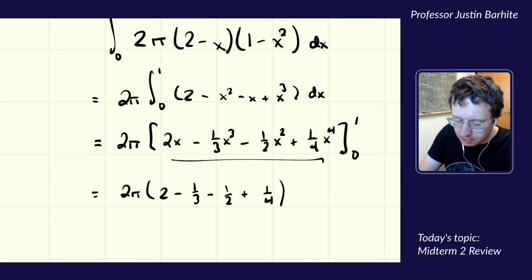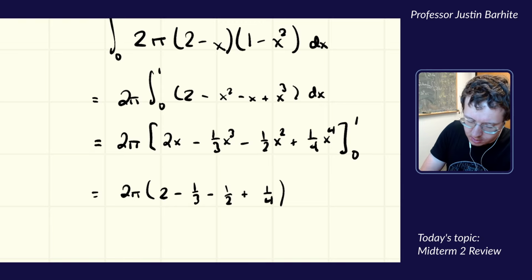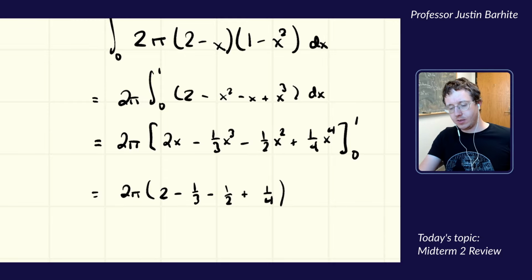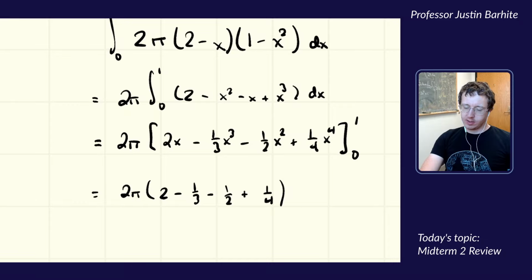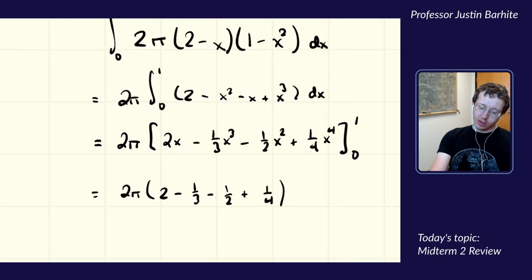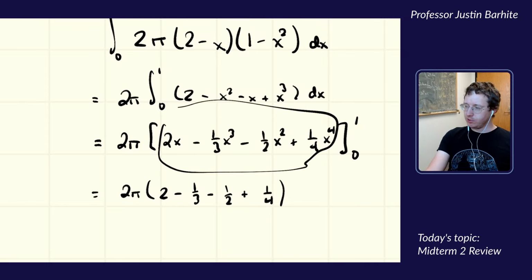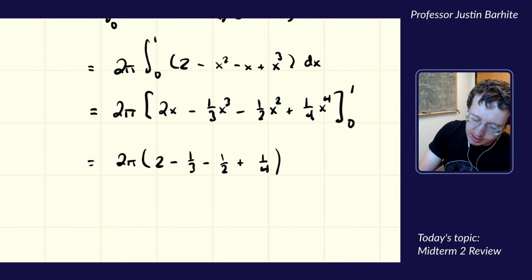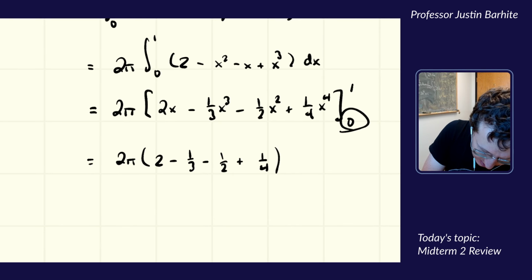If I plug in 0, I do get 0. Make sure that you actually check that. This is a very common mistake, to see a 0 here and think that you don't need to plug it in. That's true if you're integrating a polynomial. It's not true for all functions. But in this case, when I plug in 0, I get 0.